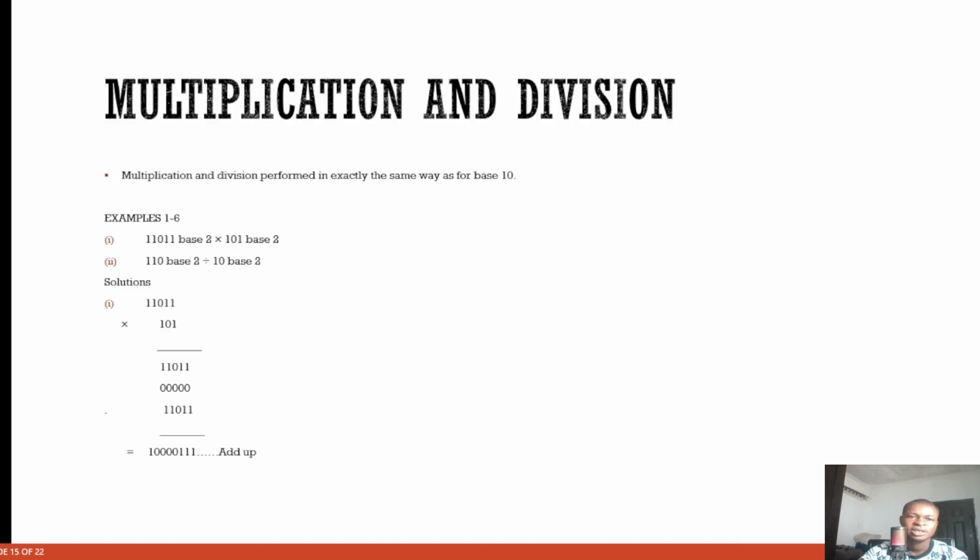So that is what we are going to be doing now. So let's see how we can deal with division of number base system. So we have 110 base 2 divided by 10 base 2, and that is what we are going to be seeing now. So let's see.